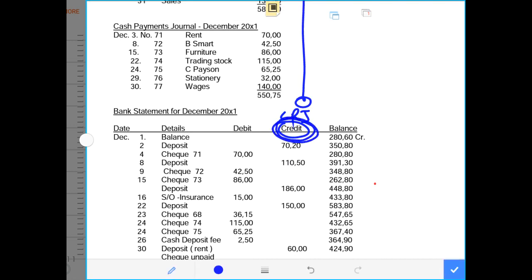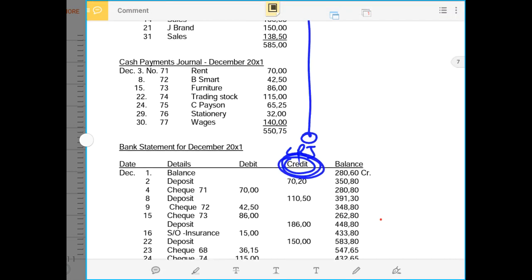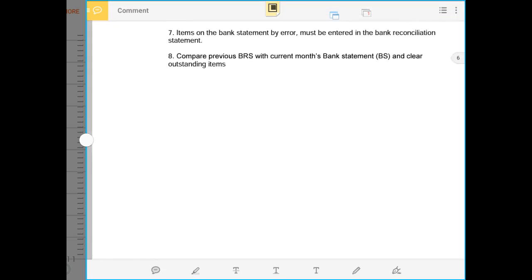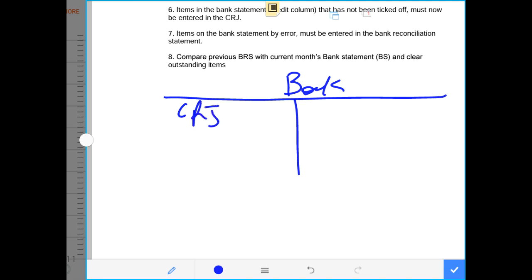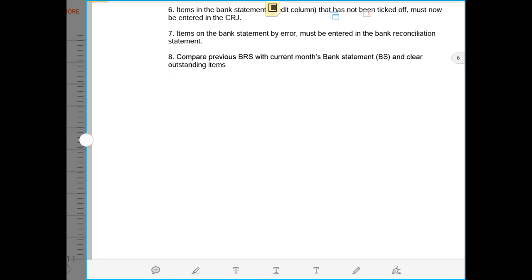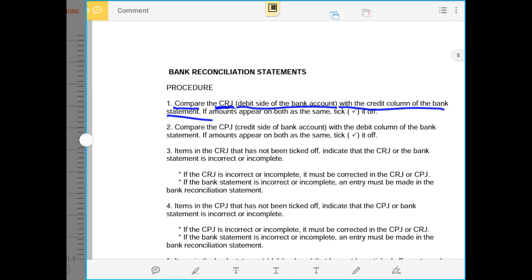So that is why we compare the cash receipt journal, or the debit side of the bank account. On the debit side of the bank account, we record all the cash receipt journal items, and here we record all the cash payment journal items, and this is a decrease of the bank and this is an increase of the bank account.